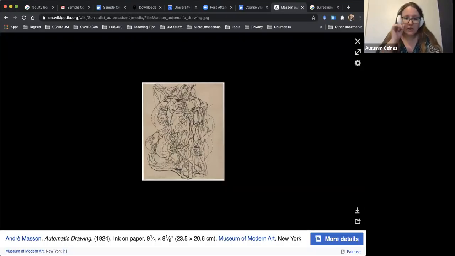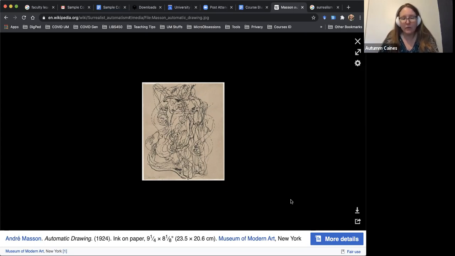Just a little bit of setup to give you some idea of how this works and what it means. I'm going to share my screen really quickly. So what is Surrealism? And who were the Surrealists? Surrealist artists are folks who think about art in a little bit of a different way, and there are a couple of different techniques that they use.